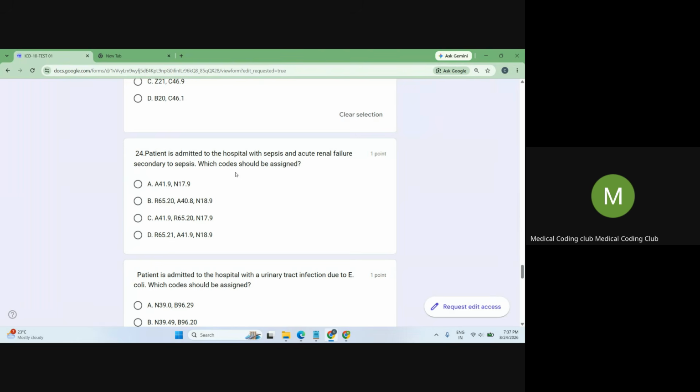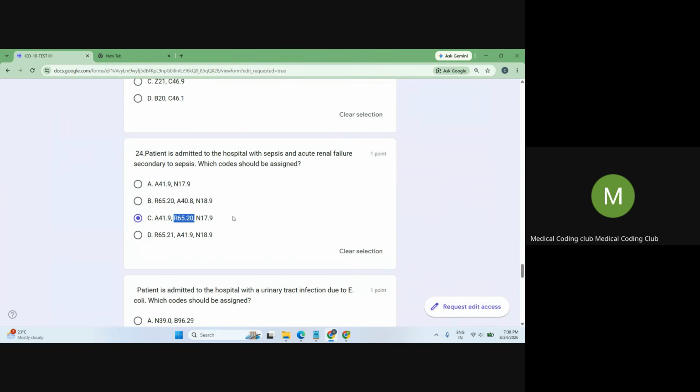If it is not identified, you will code A41.9. Then you will code the severe sepsis code. Then you check whether septic shock is there or not. If septic shock is not there, you will go with R65.20. And lastly, in the third place, whatever organ dysfunction they have given, that organ failure code will be assigned. So the answer is C.